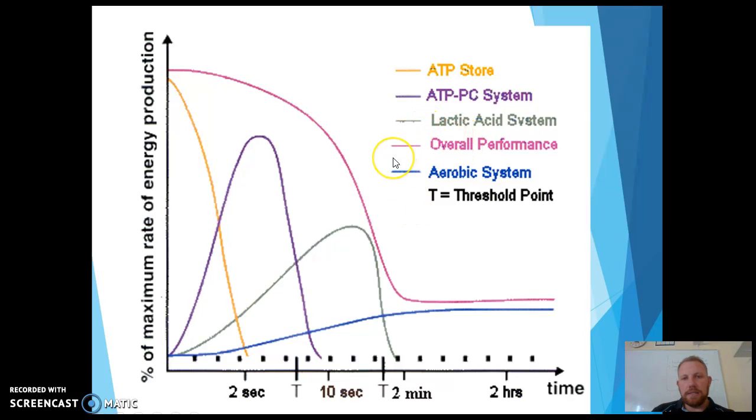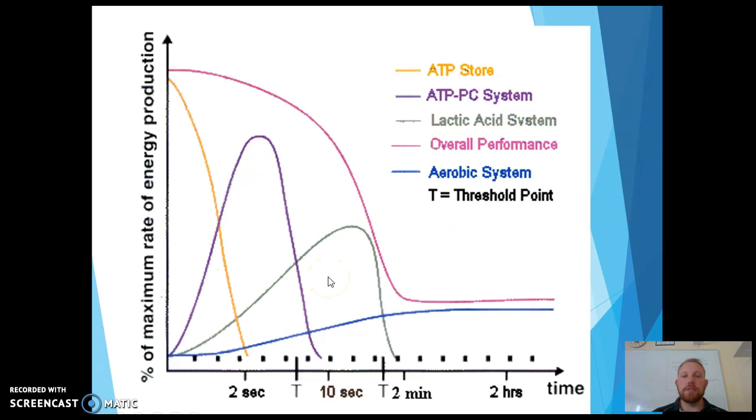The lactic acid system, if we have a look at that one, it's the grey line, so it goes up and it peaks at kind of 30 to 45 seconds, and then it starts to decline at sort of the minute and a half mark. And these are all dependent on levels of fitness and how hard you're prepared to push yourself, obviously.